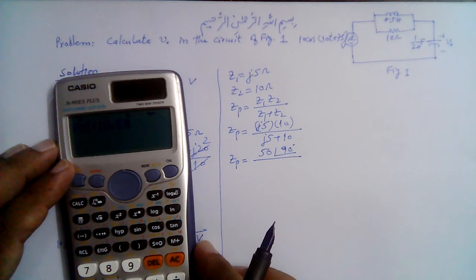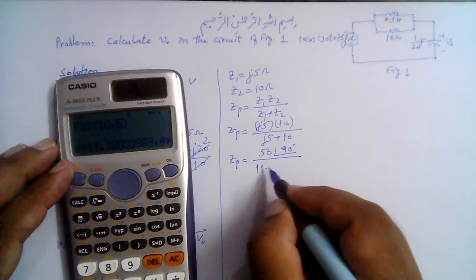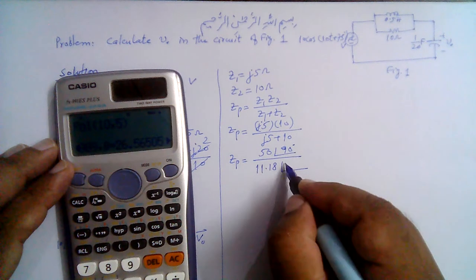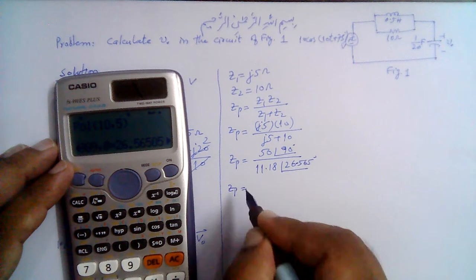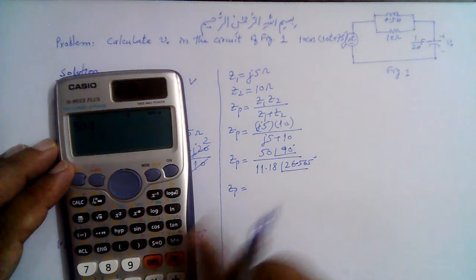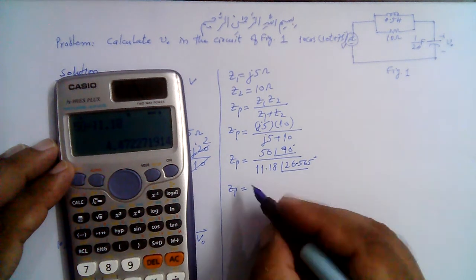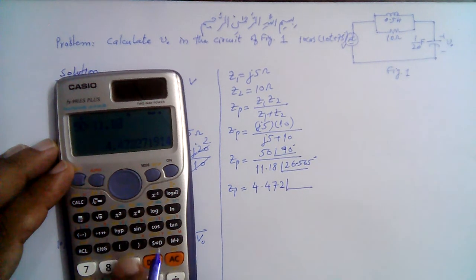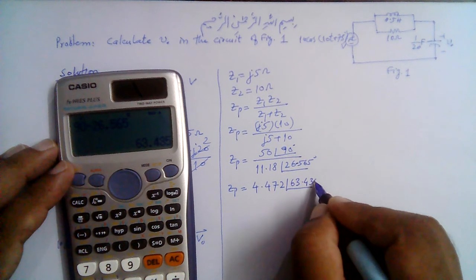10 plus J5. So that is 11.18, and the angle is 26.565 degrees. So ZP is equal to 50 divided by 11.18, that is 4.472, and angle is 90 minus 26.565, that is 63.435 degrees ohms.